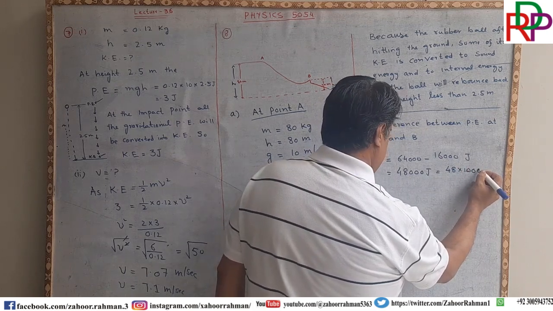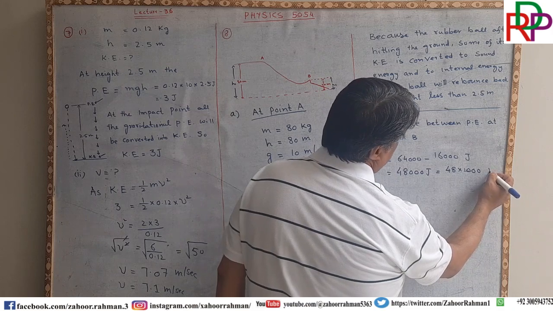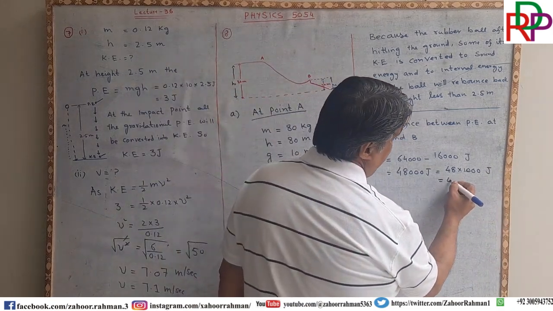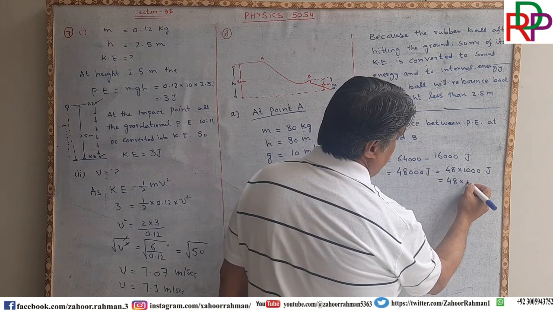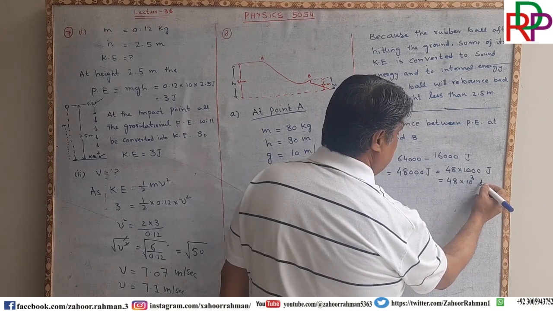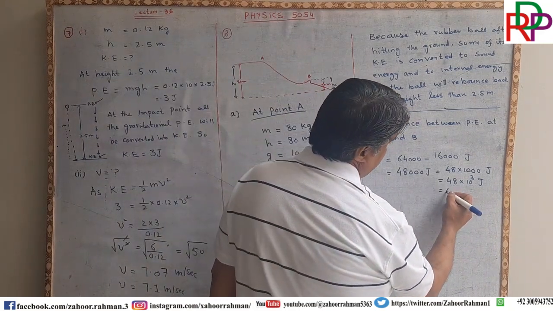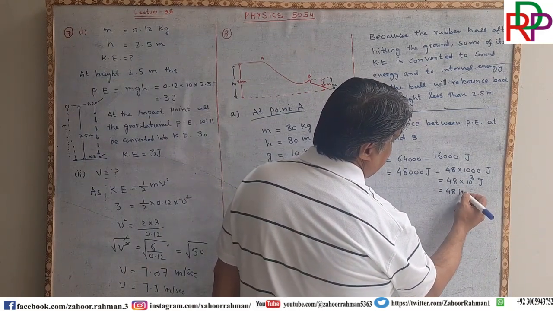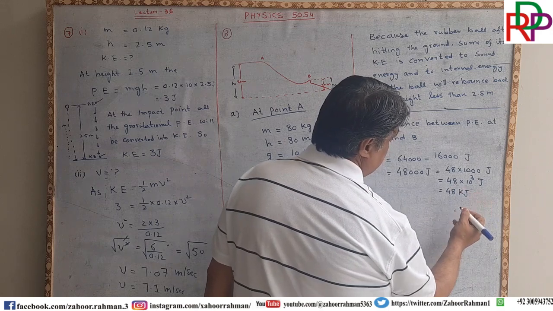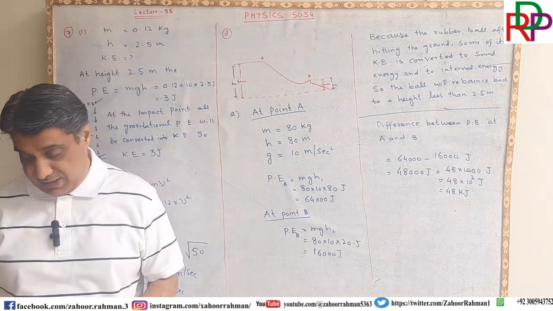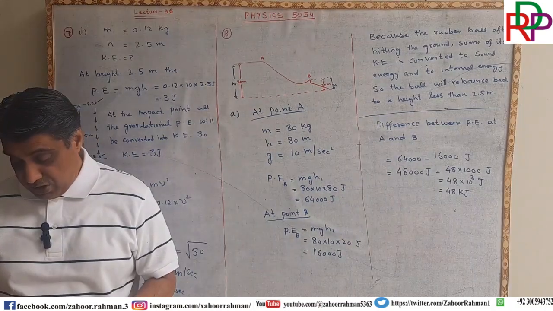Let me explain it a bit further. So I can write 48 into 10 raised to the power 3 joule, and then we can write 48 kilojoule. So that is the ultimate answer of this question.